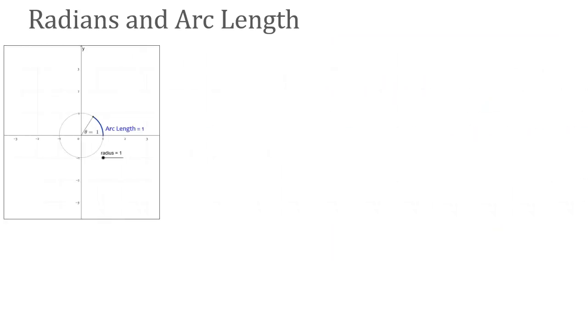So let's take a look at a few specific examples. In this first example, a radius of 1 is being wrapped around the circle, creating a length of 1 on the arc of the circle. Now this length is called an arc length and is defined as the variable s, the length of the curve along the arc of a circle.